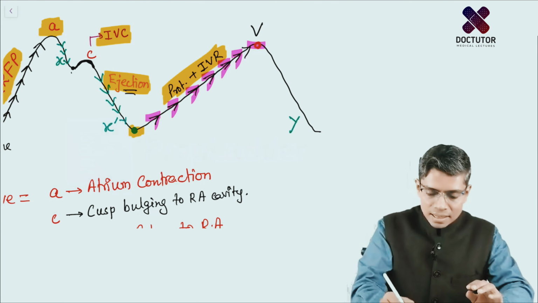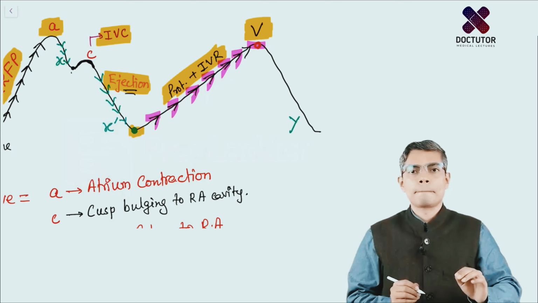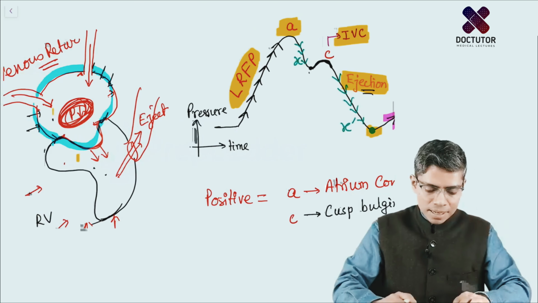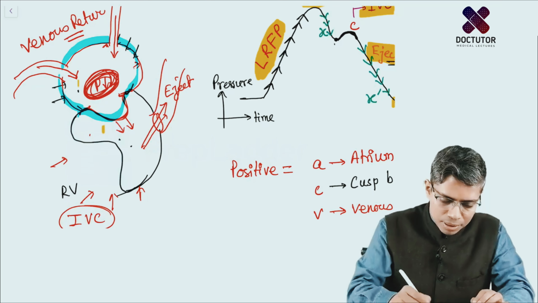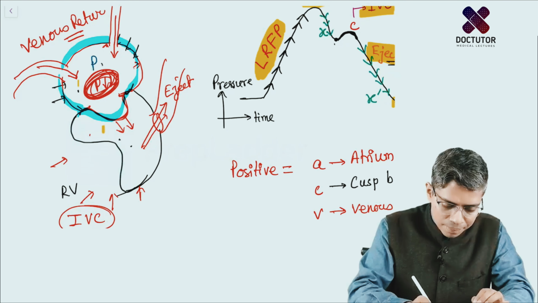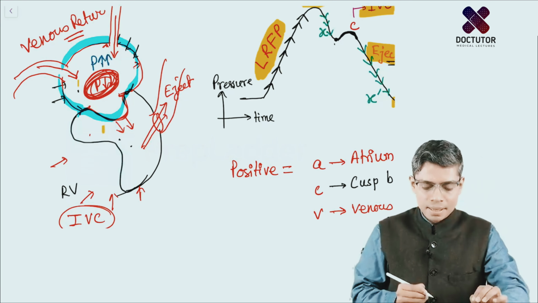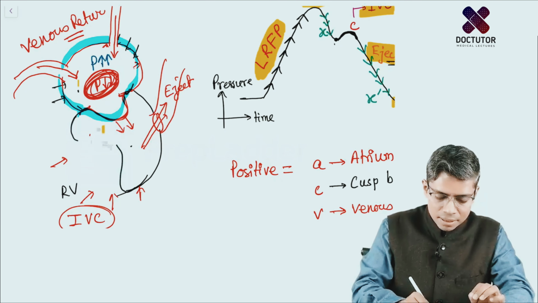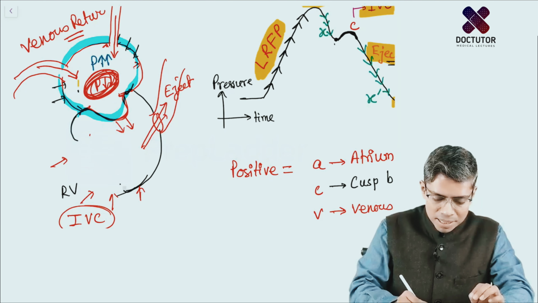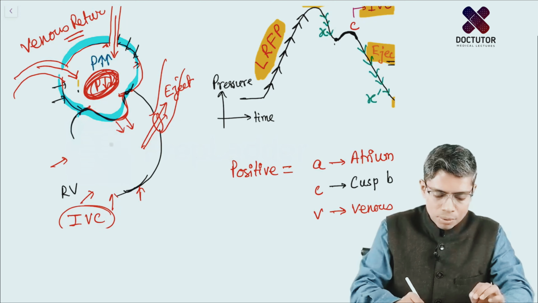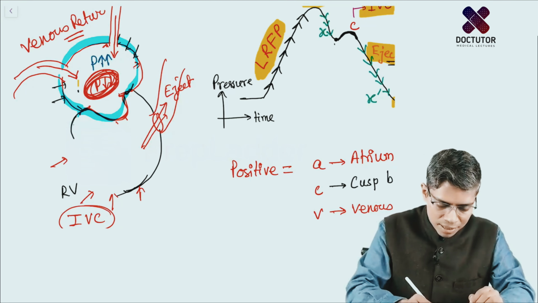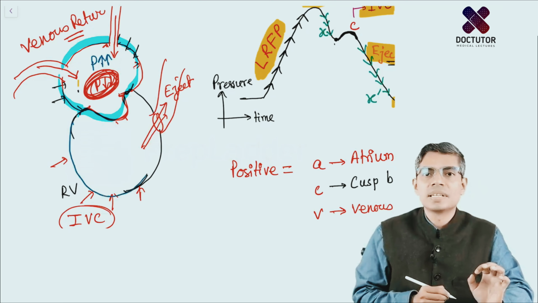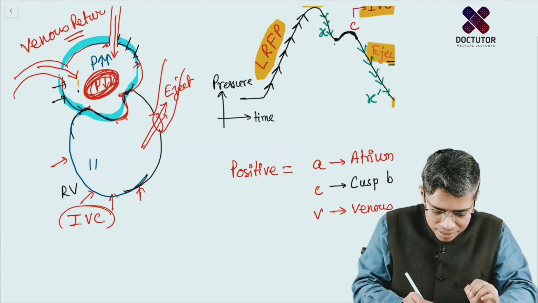Now, at the end of this V wave, atrium pressure is very high. Look at this chamber: atrium pressure is very high here, due to filling of the atrium. And what is the status of the ventricle? Ventricular isovolumic relaxation is done, because I told you when venous return is going into the right atrium, the ventricle is going for isovolumic relaxation.